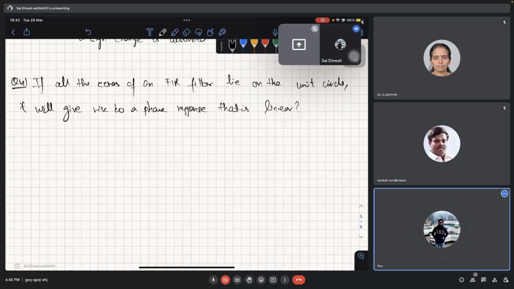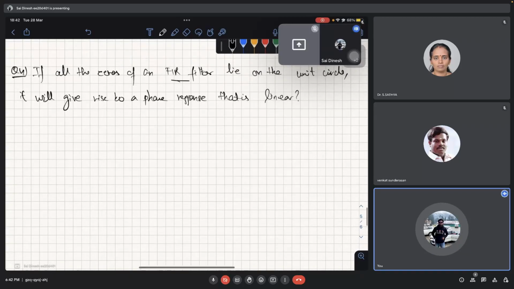True or false? So all zeros lie on the unit circle, right?